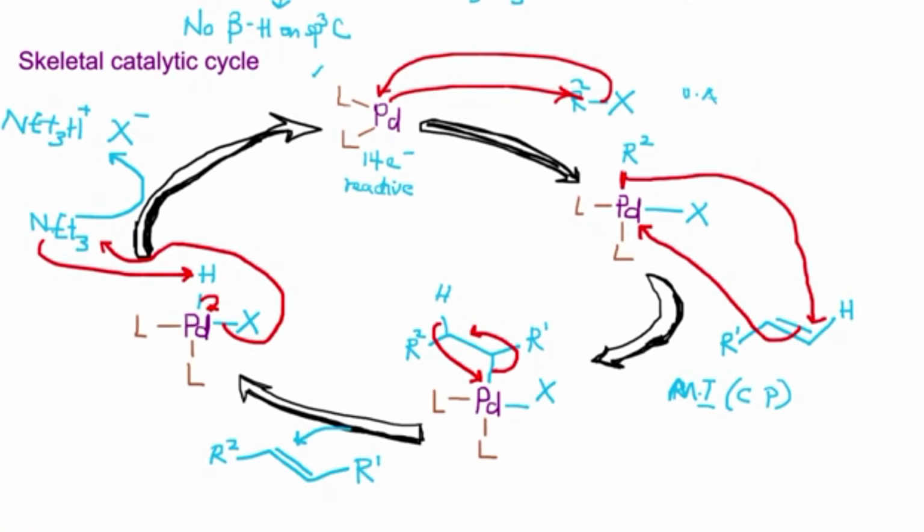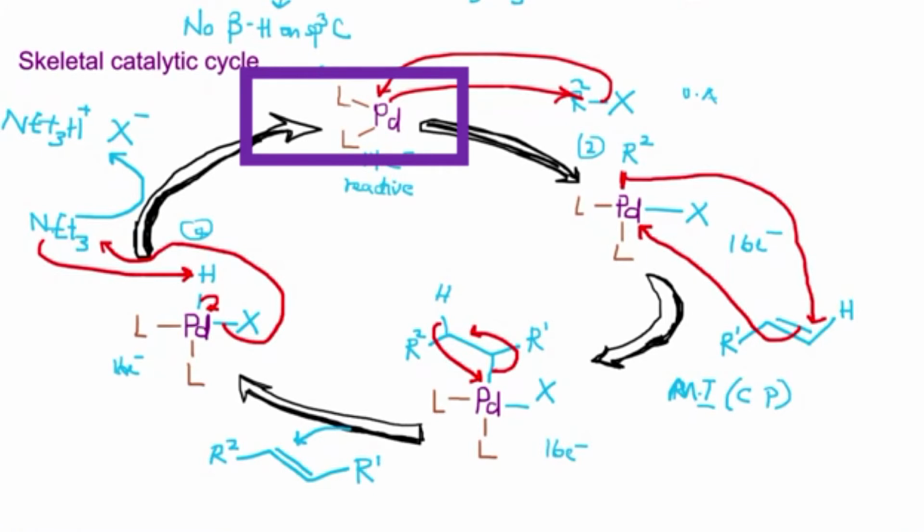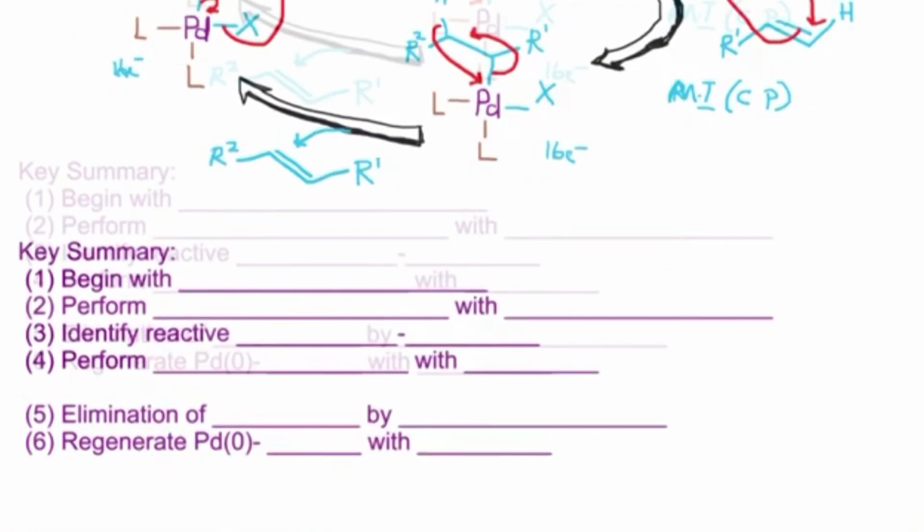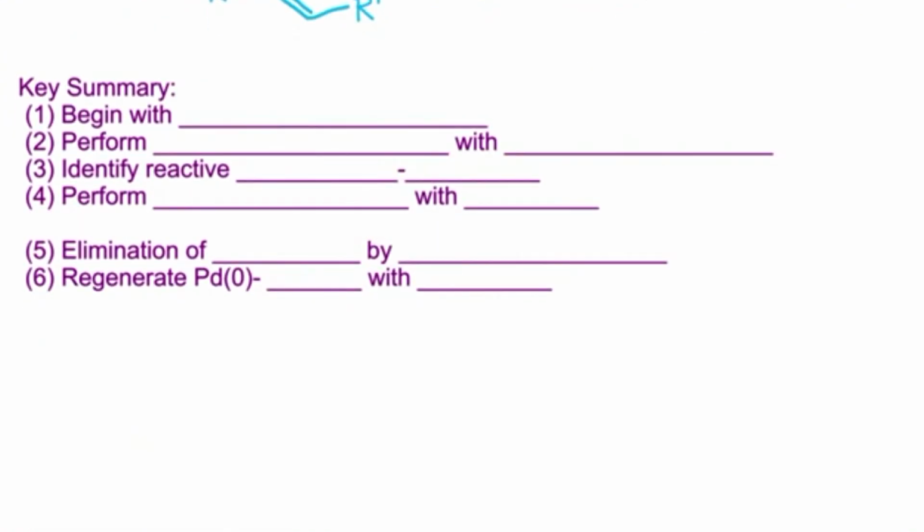And if you notice, going from step 2 here to step 4 right here, all these palladium complexes have 16 electrons except for this top one right here, which has 14 electrons. That starts again with the new cycle. So you need to take note of these, and once you're able to take note of this catalytic cycle, you can come up with a conclusion on what the Heck reaction is all about.